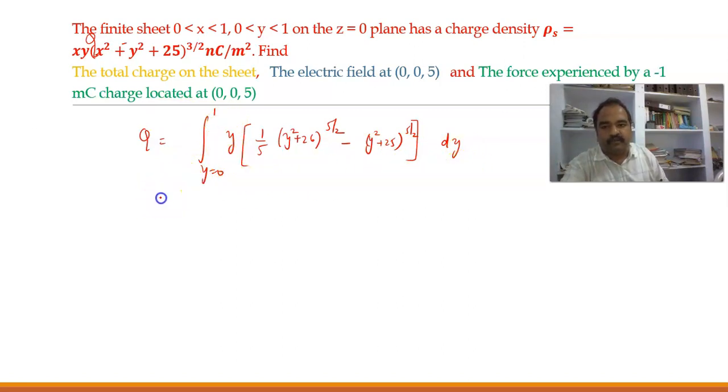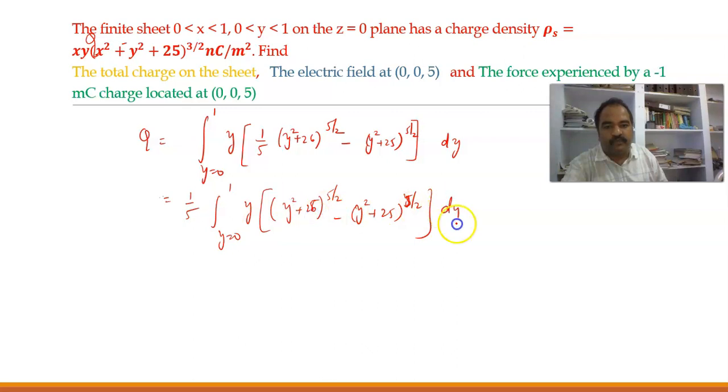If you carefully see, again I can make it as 1 by 5. I'll separate this one: y into y square plus 26 whole to the power of 5 by 2 minus y square plus 25 whole to the power of 5 by 2, into dy.